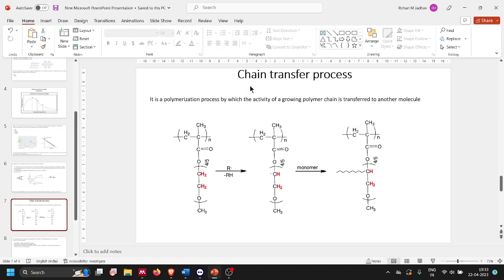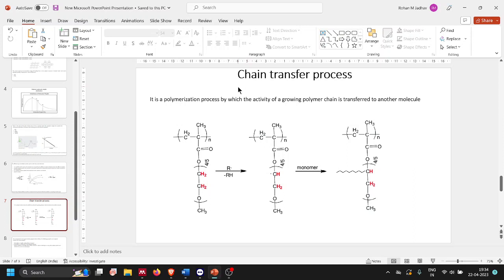So the molecular weight remains limited. And as the activity moves on to the next molecule, there is no guarantee that the next molecule might undergo a similar polymerization rate as the previous chain. So that's why the average molecular weight reduces in case of a chain transfer process.